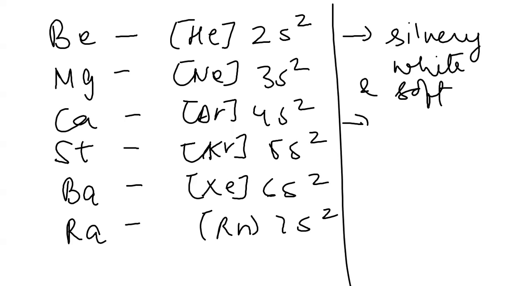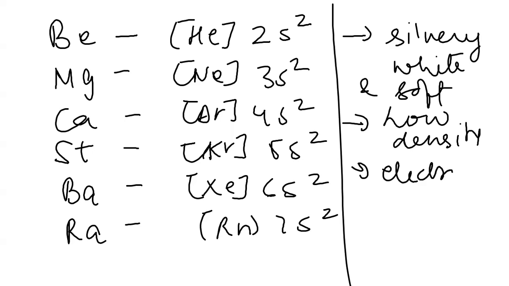And they have low density, and they all are electropositive elements. And even the alkaline earth metals, they are also silvery white and lustrous.